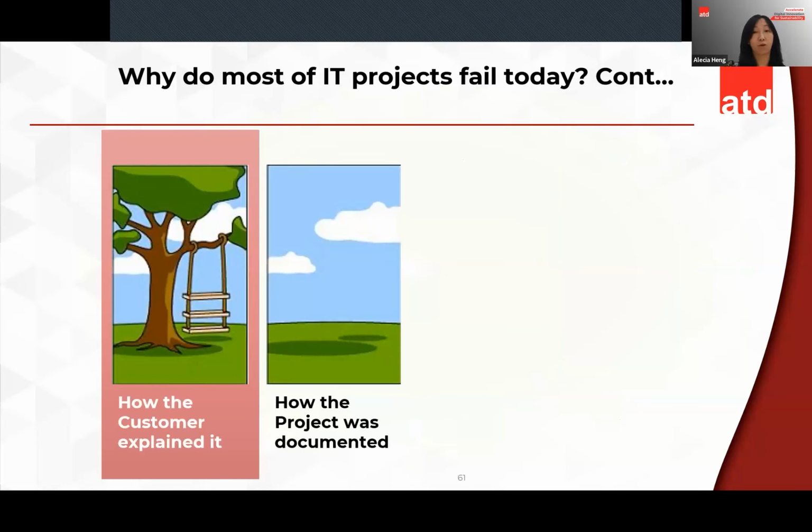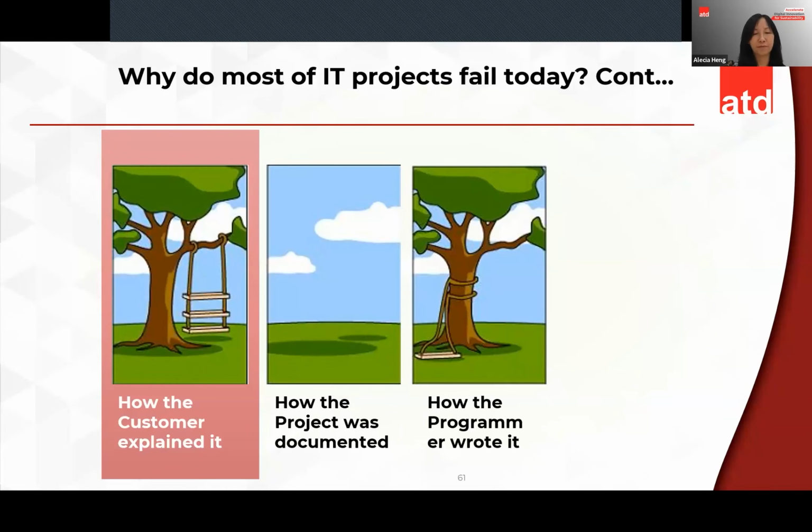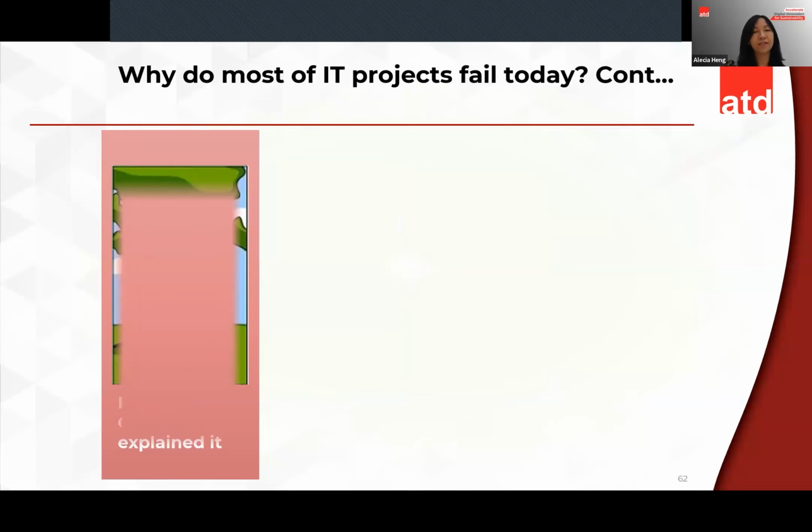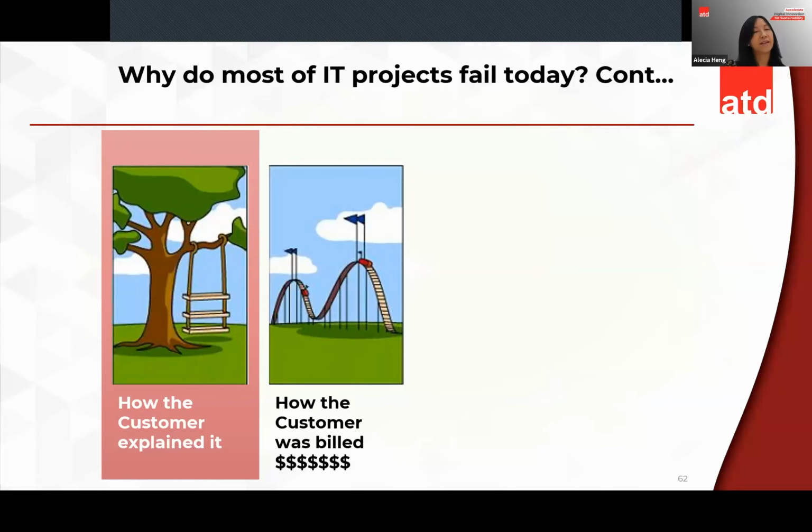The project is never documented properly, right? And how the programmer writes it is different. Perhaps the programmer is outsourced, right? They have a different understanding. And when the system is deployed, this is how it looks. So this is how it's being explained. And at the end of the day, you know, things keep changing, right? So the bill becomes high.